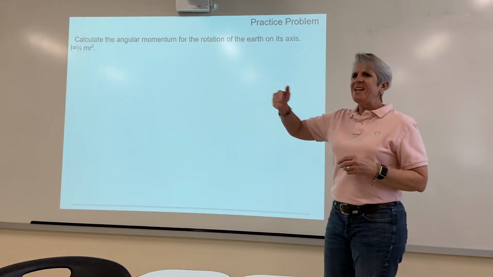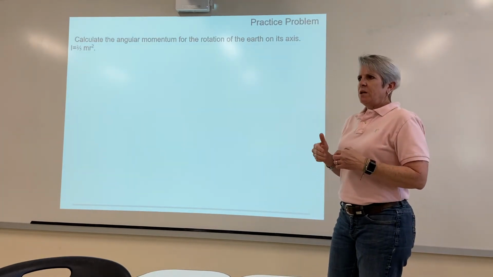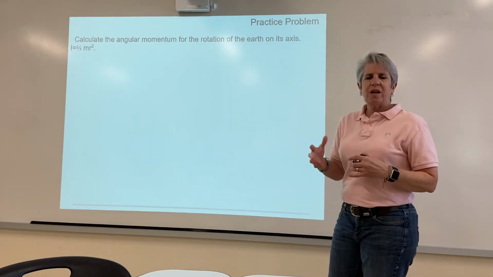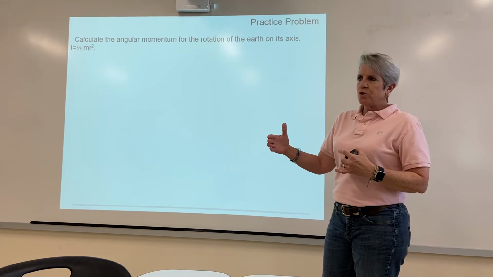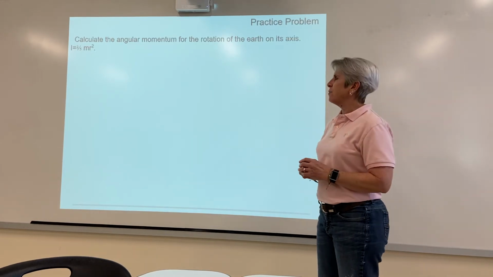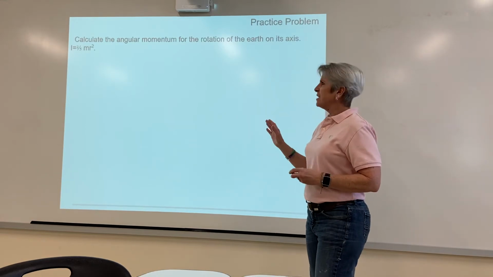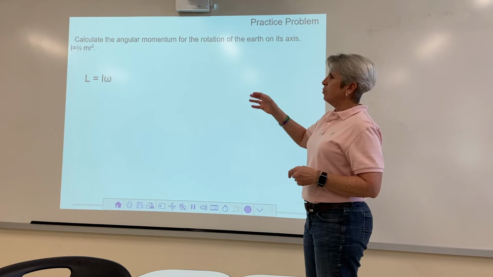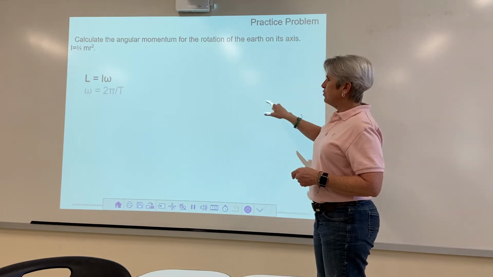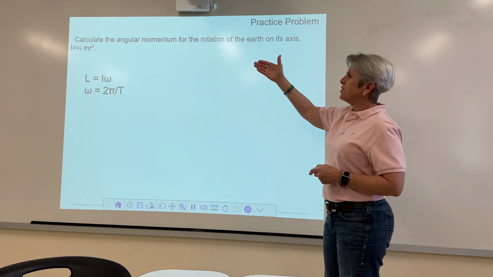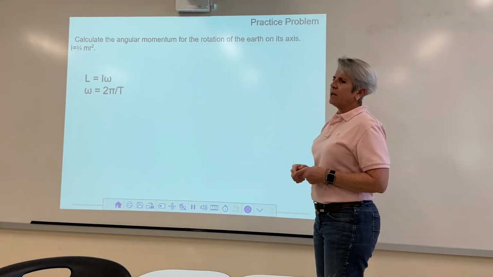We can't do radius times velocity because the Earth itself has different radii at different points, and each of those linear velocities have different values depending on how far away they are from the axis of rotation. So we want to handle this a different way. The angular momentum of the Earth in this case would be I omega. So I times omega, where I was given to us as 2/5 m r squared, and then omega. What is omega?